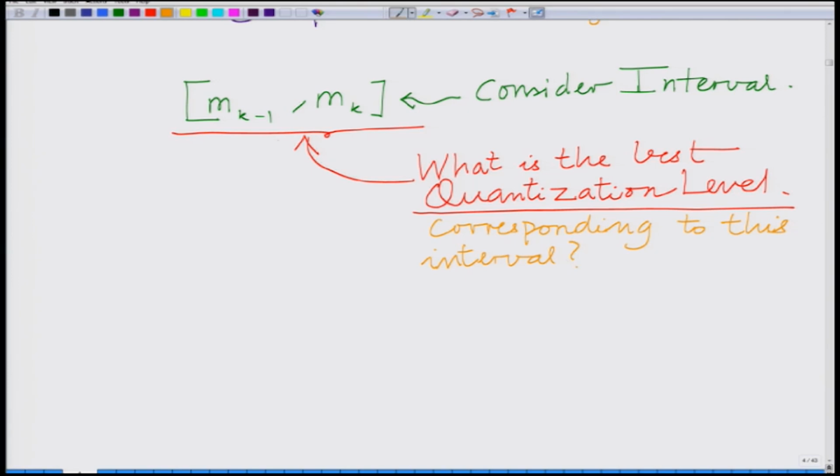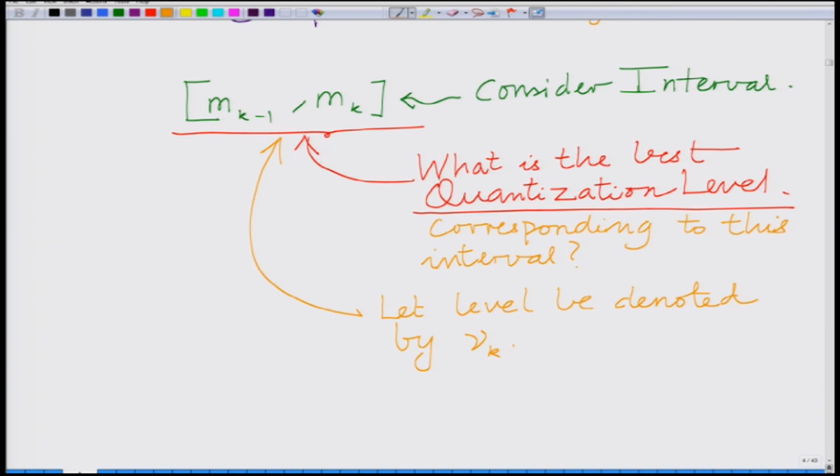Okay. Let that quantization level be denoted by nu k, all right.